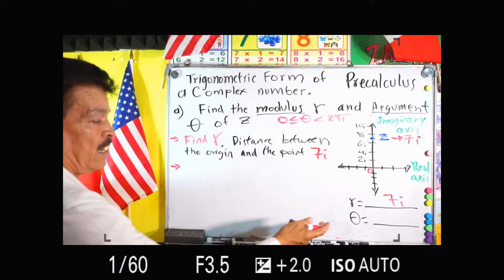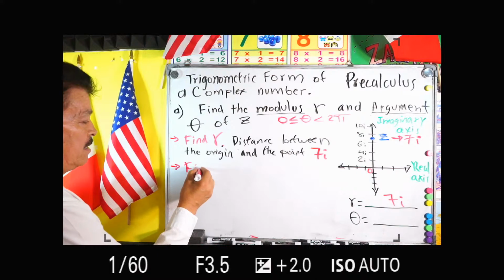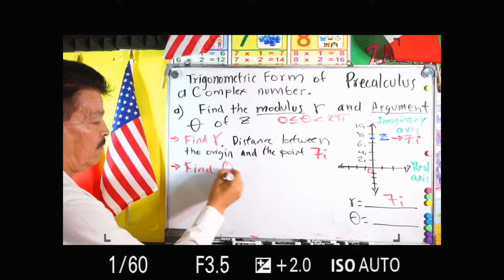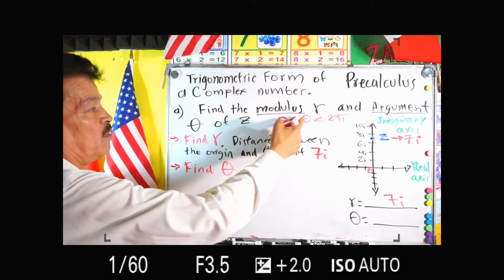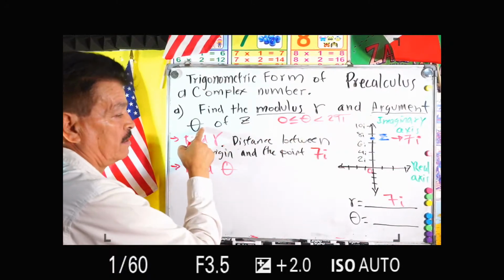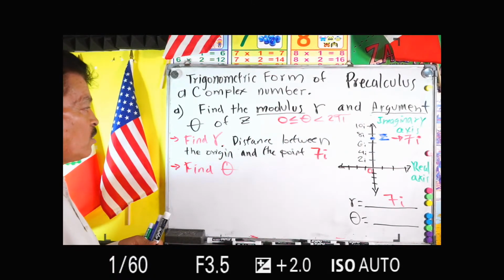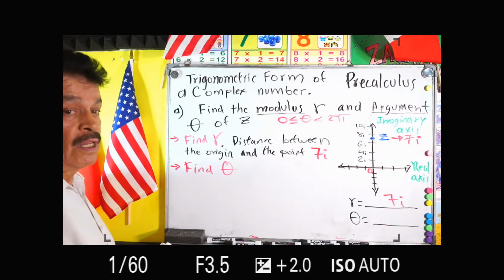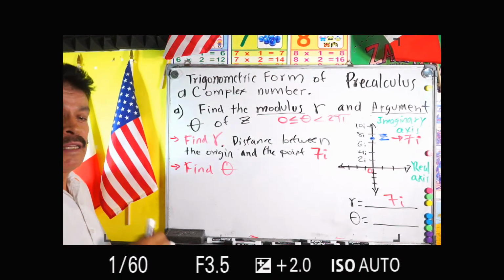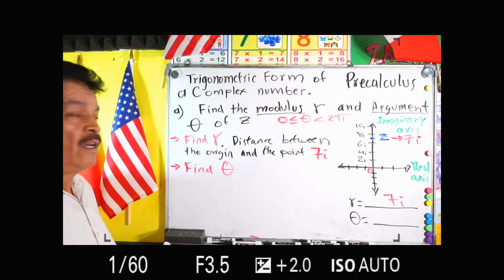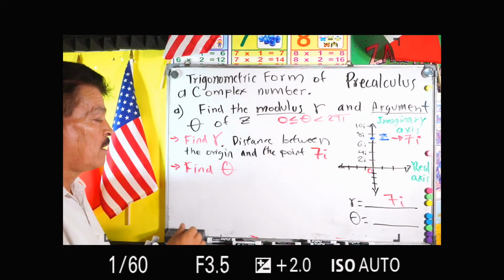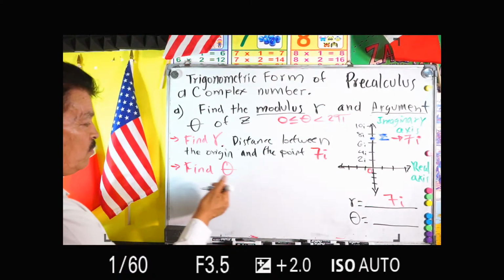Okay, now find the angle. So we find the modulus r and the argument, the argument of the angle. The argument is when you find this angle.